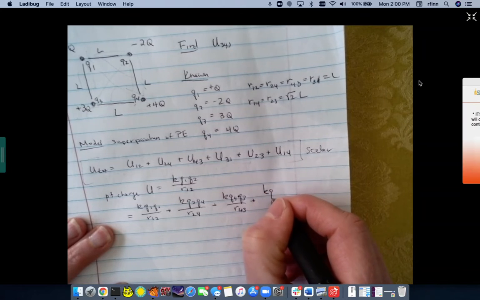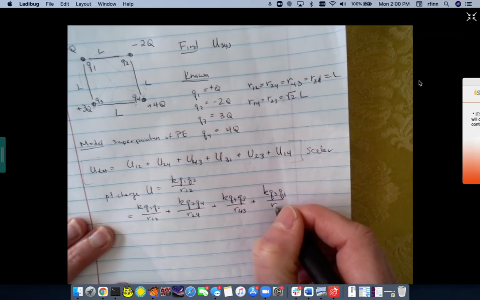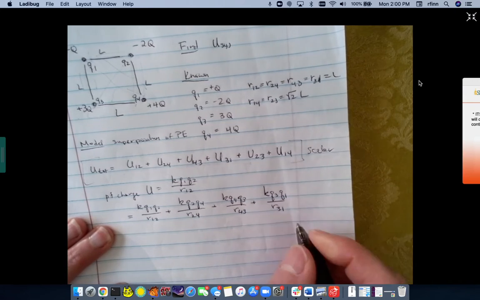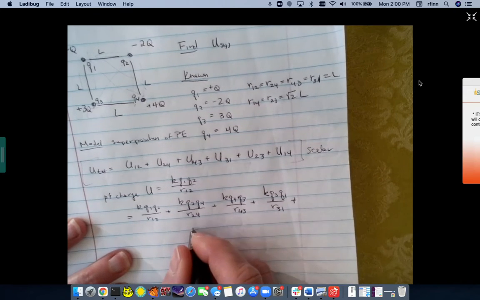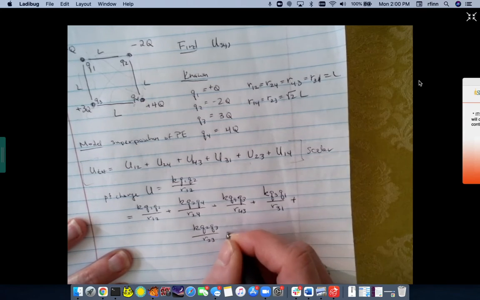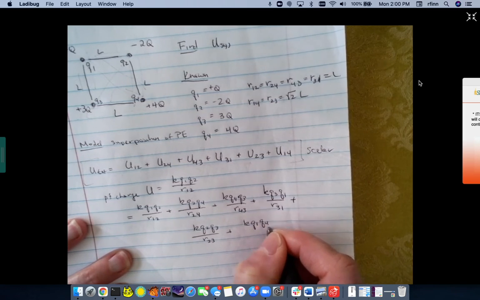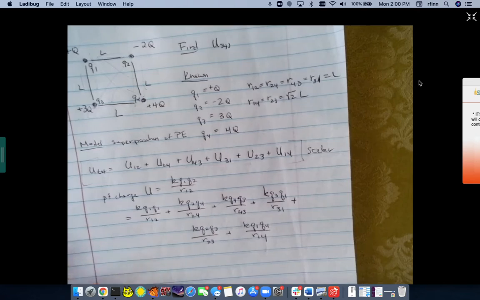And K Q3 Q1 divided by the distance between 3 and 1. And then we'll add over here K Q2 Q3 over the distance between 2 and 3, and then K Q1 Q4 over the distance between 1 and 4. Yuck.